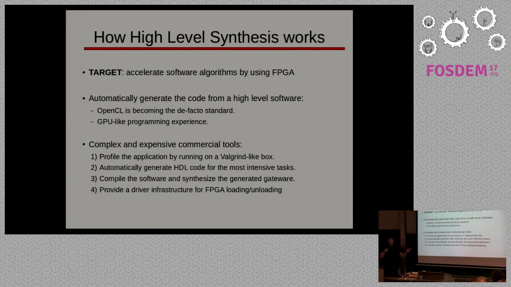The idea is to take all this growing community of GPU-based programmers that are very used to OpenCL and this kind of technology, and provide FPGA tools in order to allow them to program an FPGA without noticing that they are using an FPGA.